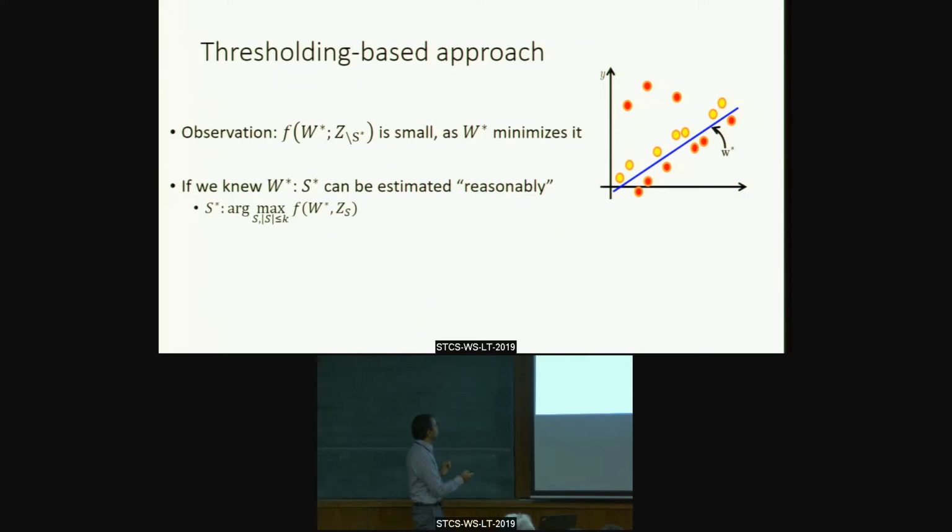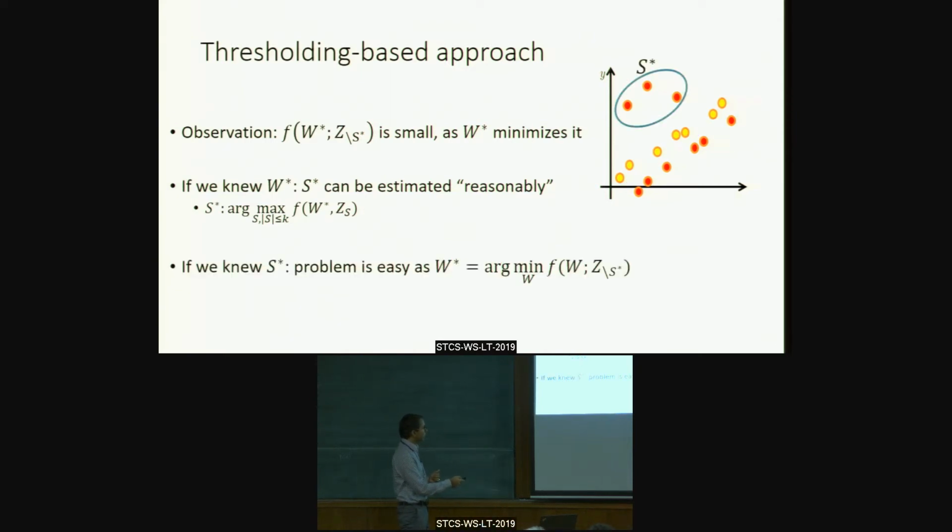Let's say I knew my true model. Then I can estimate the outliers fairly easily because I will just compute my loss function value for each point, and the points that have the highest loss will most likely be my outliers. On the other hand, if I knew my inliers, then I can just solve my usual optimization problem and obtain the model. But the issue is that I don't know the true model, and I don't know the set of outliers.